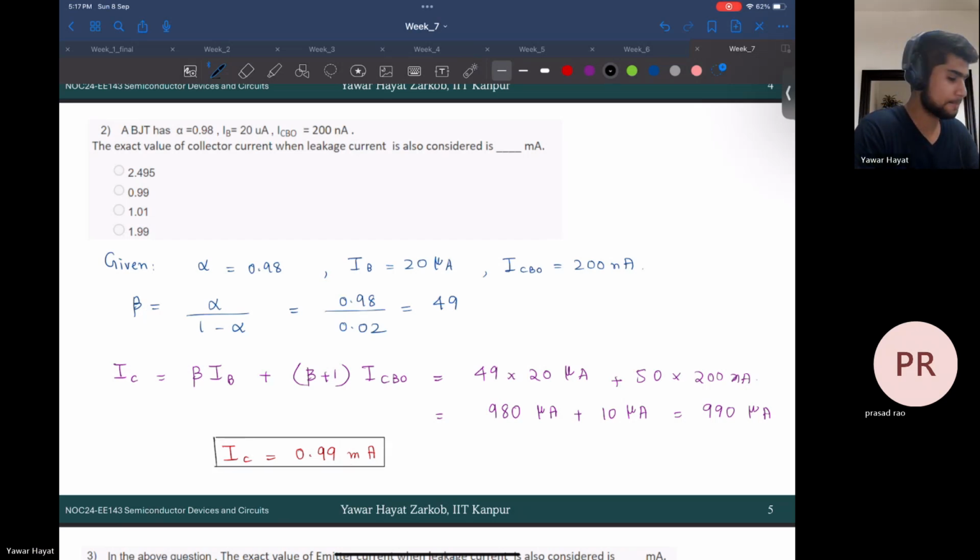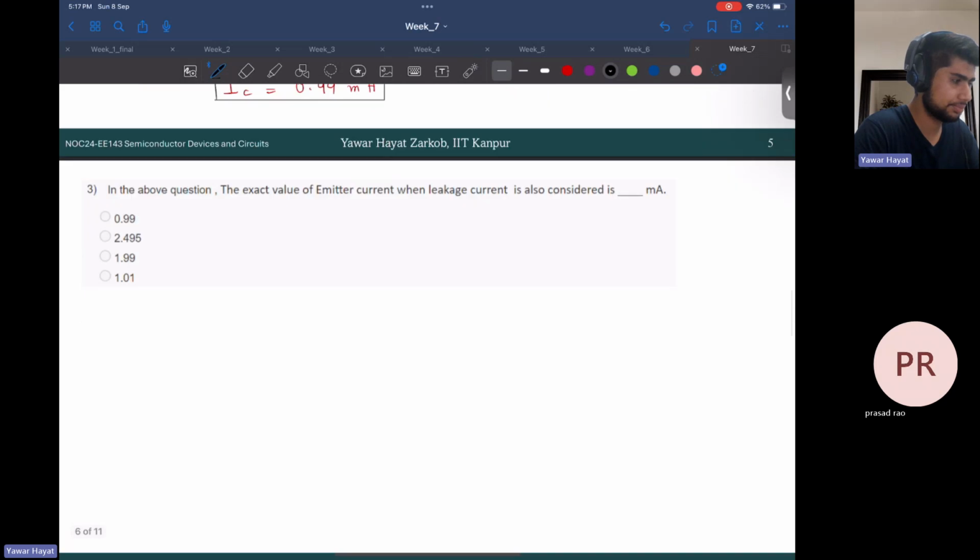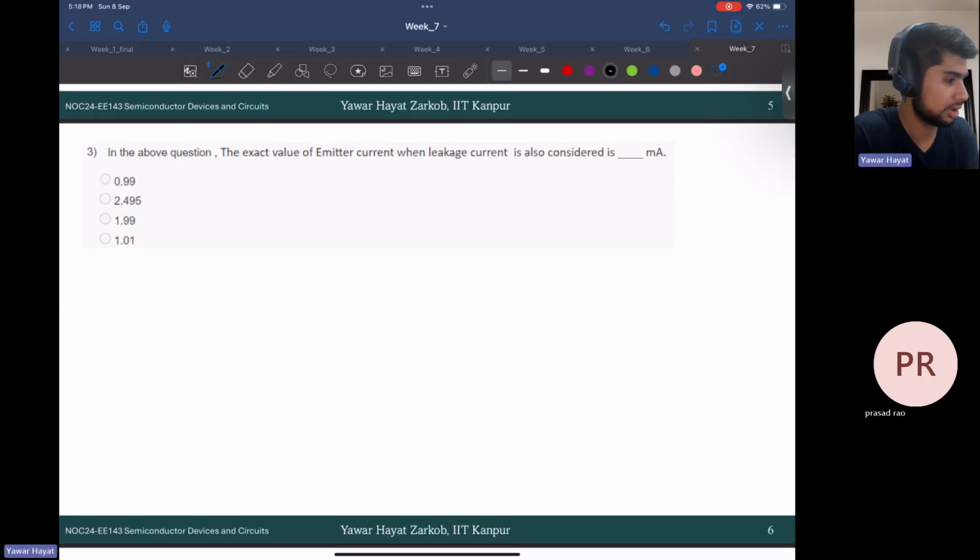Fine. This is your IC. Now what about the next problem? Give it a try. So in this exact question, what would be the exact value of emitter current if we consider the leakage current? This is a simple one.